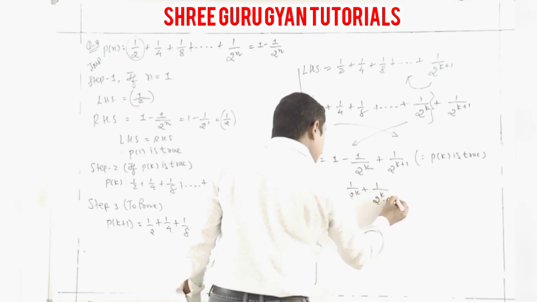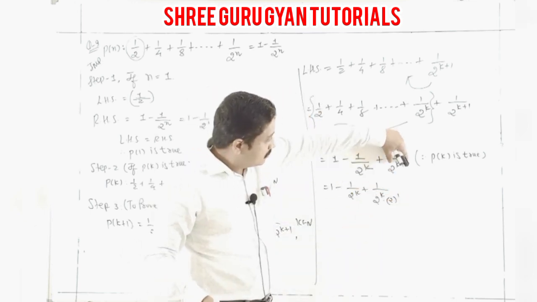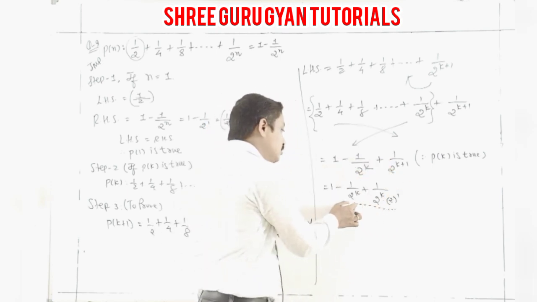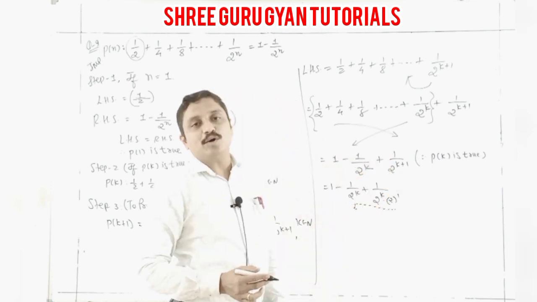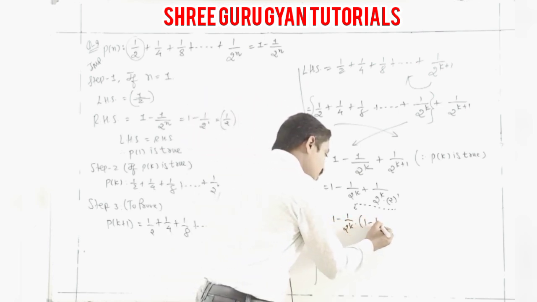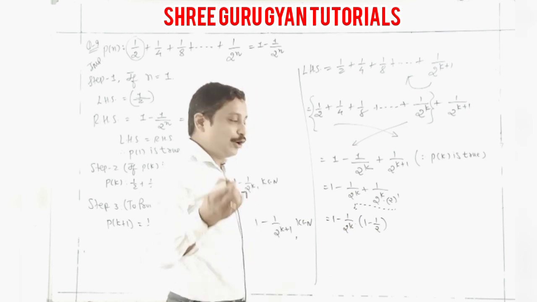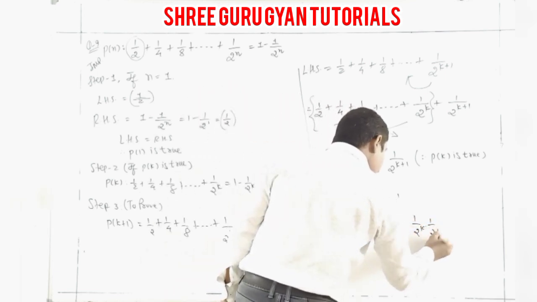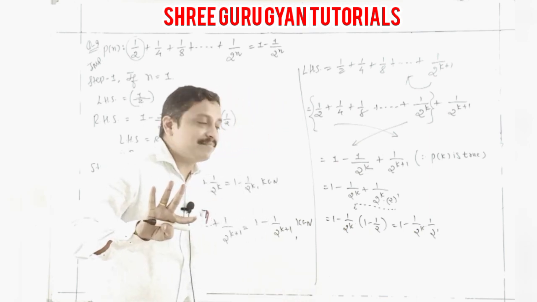And if you do power addition, then both base same. Here you take out the common. What is the common? Yes, 2 raised to k common. 1 minus half remaining. And how many is 1 minus half? Yes, which is half.